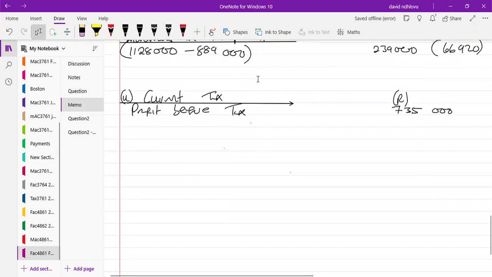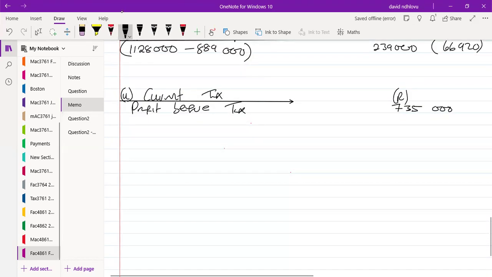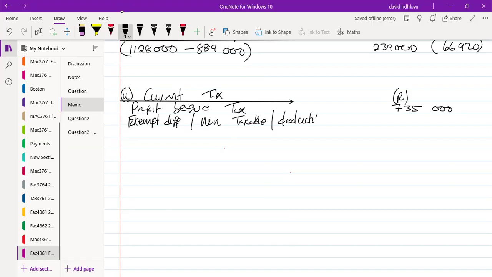Right, once we have that, we then do the usual, we say exempt differences, or we say non-taxable, or deductible items. The first description, you normally deal with that if you are doing that 701.